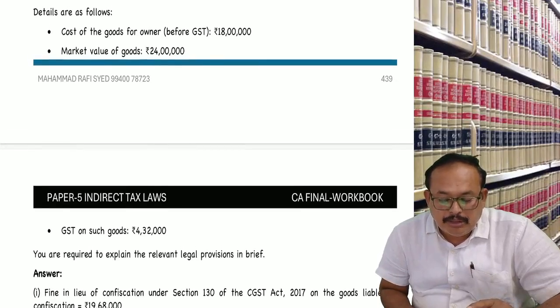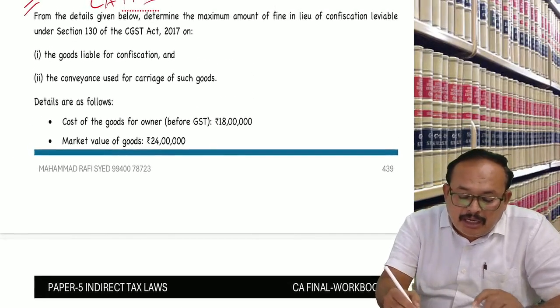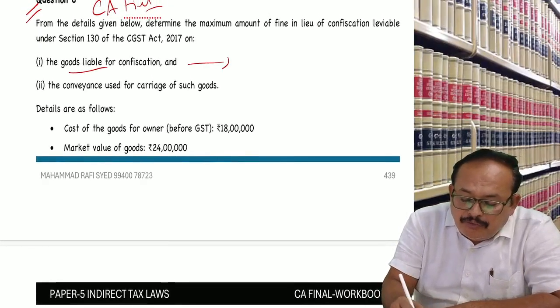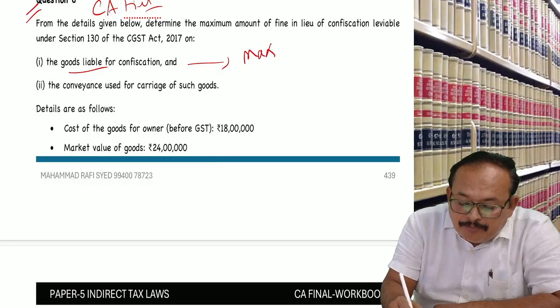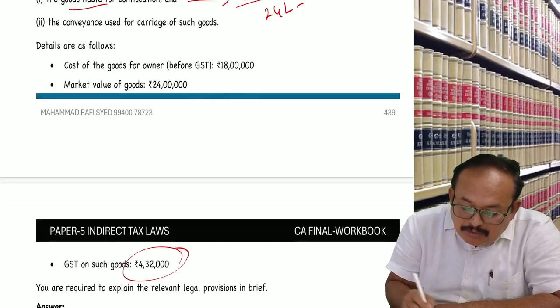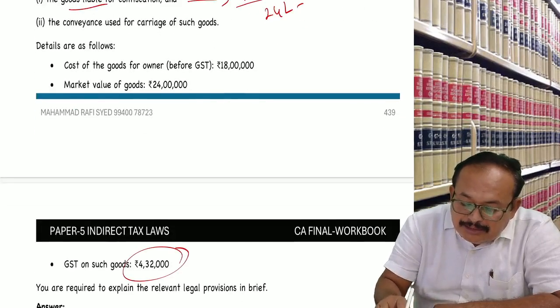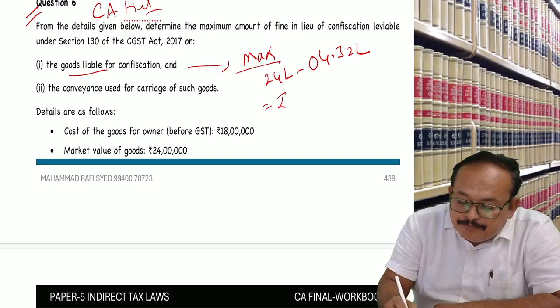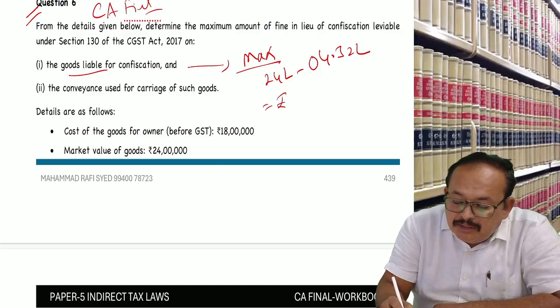Very simple. Here, legal position means what? For the confiscation of the goods, the maximum fine is market value, how much, minus tax payable, how much? 4,32,000. So how much? 19 lakhs 68,000.